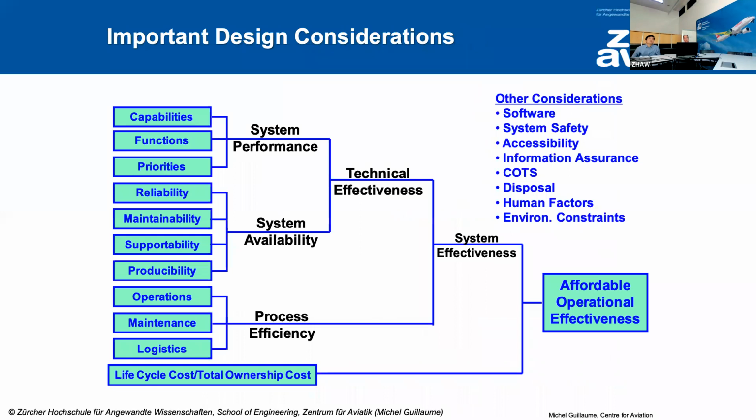That's important in the context of systems engineering, of system design, and also of the operation during the whole life cycle. Even if we design aircraft, we have to think about the operations, about the maintenance and the logistics of spare parts. So process efficiency is quite important. At the end, we need to talk about the so-called total system effectiveness, which means affordable operational effectiveness.